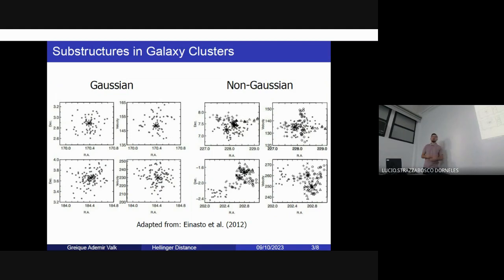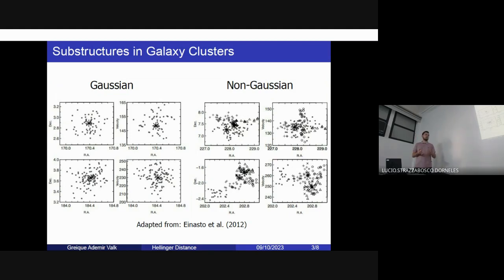Why are Gaussian and non-Gaussian clusters important? Because one signal of a recent merger in clusters is the dynamic stage of the cluster, and this leaves several signals in the cluster's properties.